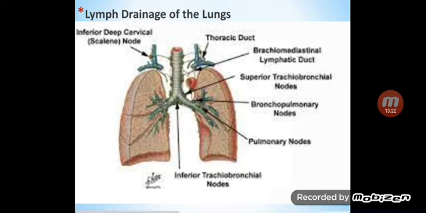So the superficial plexus is just underneath the visceral pleura. So it drains the superficial part of the lung, drains the surface of the lung, and it drains into the hilum where the bronchopulmonary lymph nodes are there. So the bronchopulmonary lymph nodes are at the root of the lung, as you see here in this slide. This is for the superficial plexus.